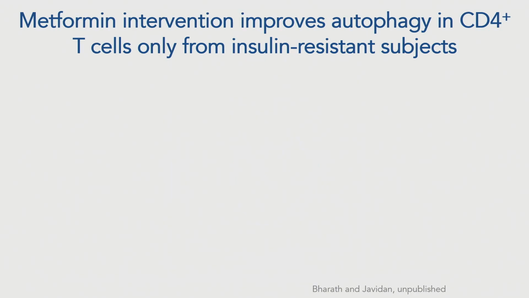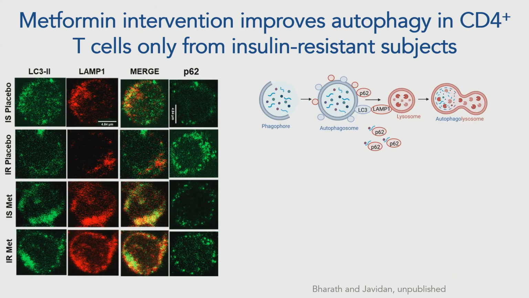Looking into autophagy as one way that we might be seeing the differences in mitochondria I showed you in the bioenergetic analyses earlier, we again turn to confocal, looking at the markers that I had described earlier.